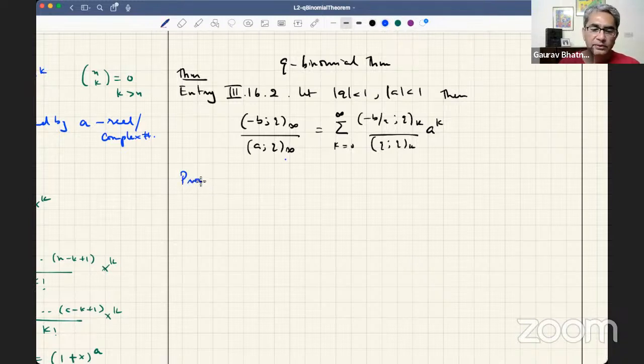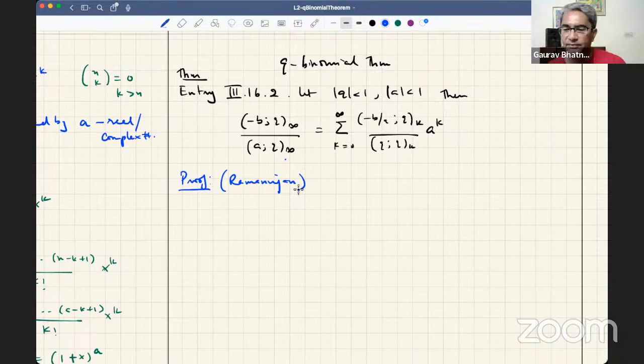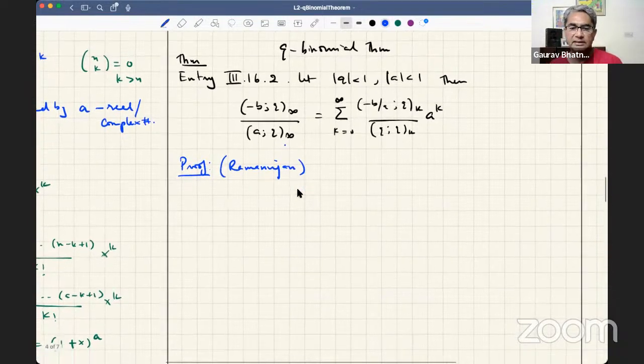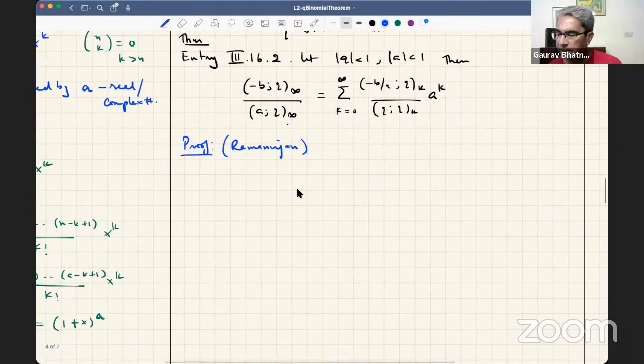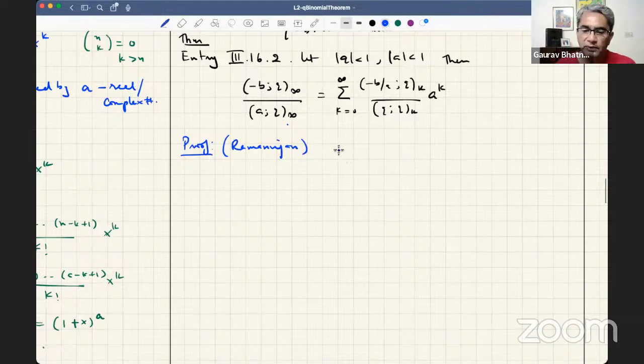All right, so proof, and this is due to Ramanujan. So in my notes, I'll give a reference. It's actually within one of his published papers. He needed this result, so he proved it.